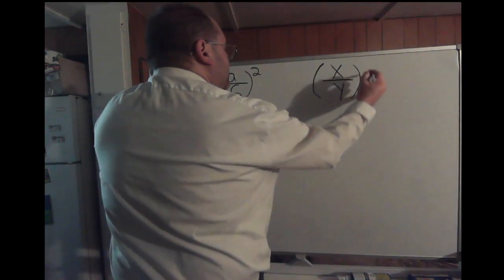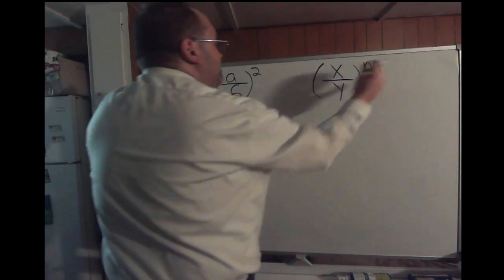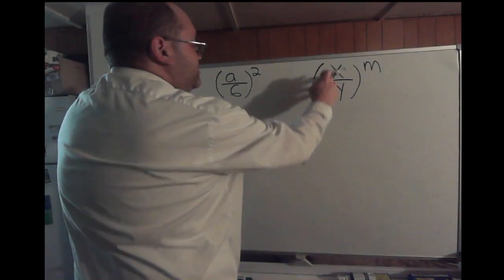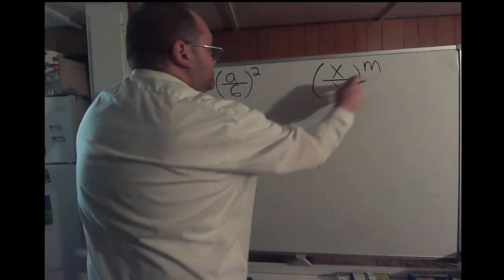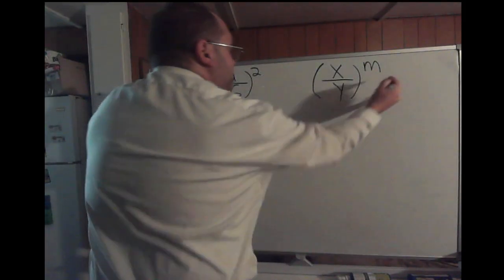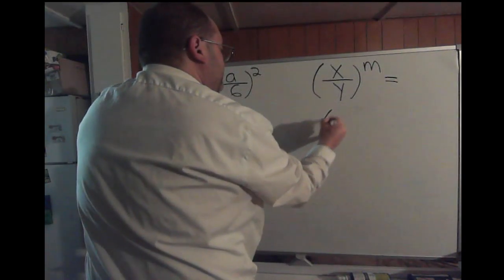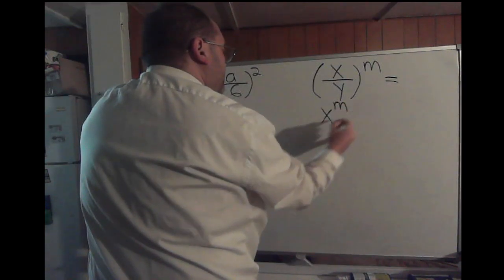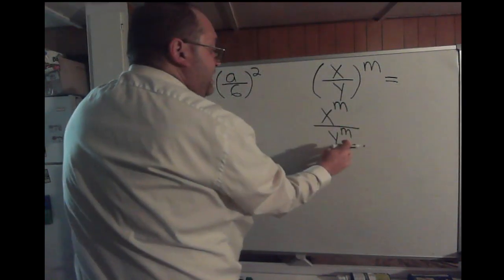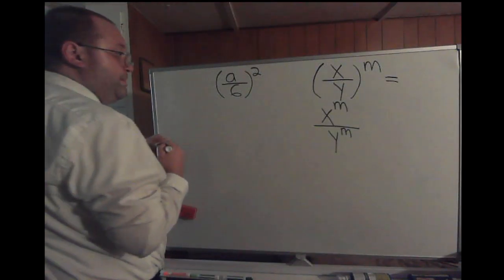You have x over y to the m power. In general, these are two numbers or variables to any given power. What it's going to be is simply the numerator to that power over the denominator to that power. It'd be x to the m power over y to the m power.